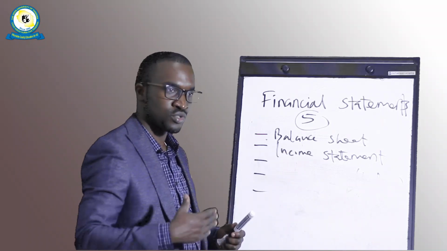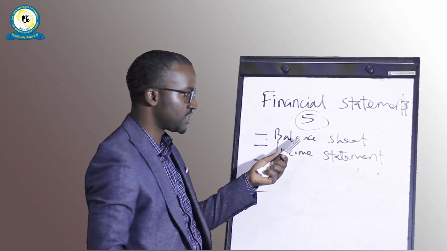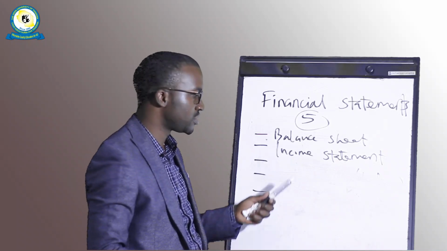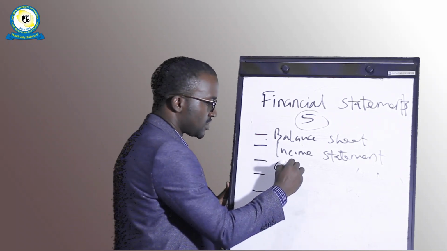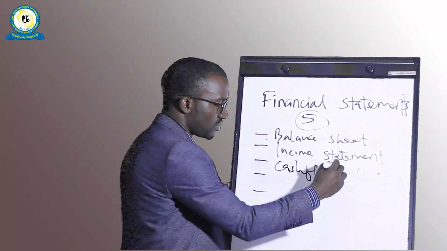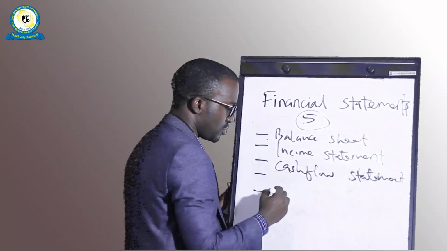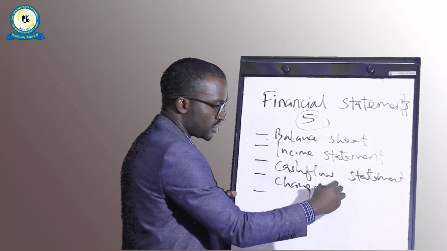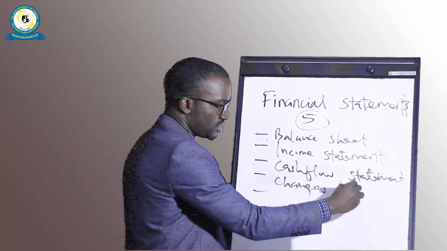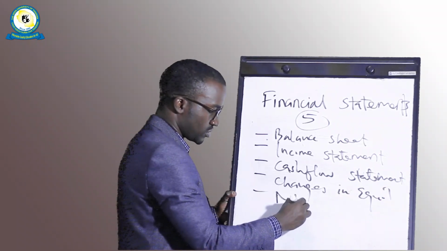Of course, soon you'll be able to capture the new names: balance sheet is the statement of financial position, and income statement is the statement of financial performance. You have the statement of cash flow, and the statement of changes in equity, and then you have notes to accounts.